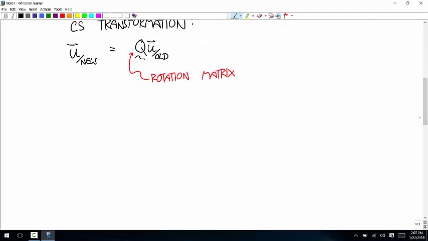And so, as an example, let's say we have a vector with a length of 10 that makes an angle of 30 degrees above horizontal.